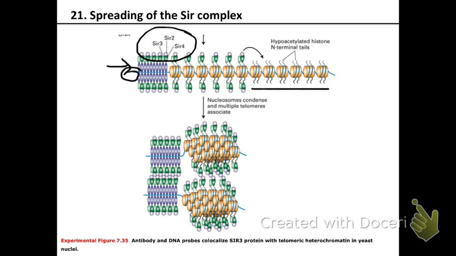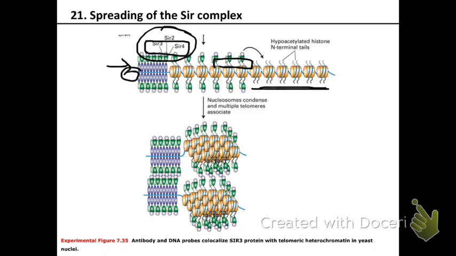Hyperacetylation is lots of acetylation, okay? And hypoacetylation is less acetylation. So you have less acetylation in this chromatin. And what the lower acetylation does is it serves as a binding site for SIR2, SIR3, and SIR4. So these SIR3 and SIR4 proteins can bind to deacetylated histone tails.